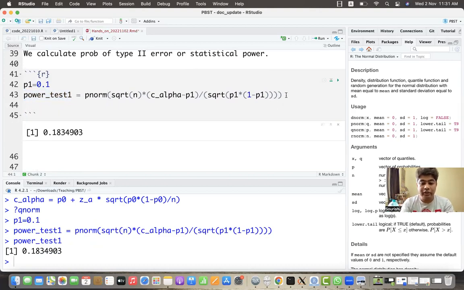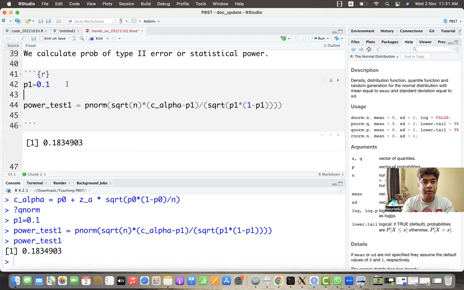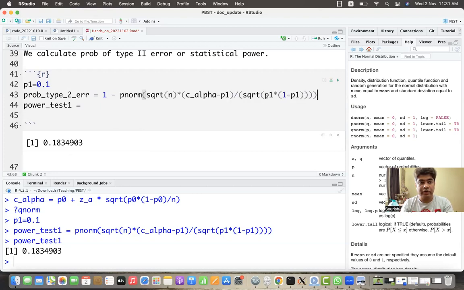So my probability of type 2 error, actually, let me just write it in this way, probability of type 2 error is 1 minus this, so that you will not have any problem with the definition.